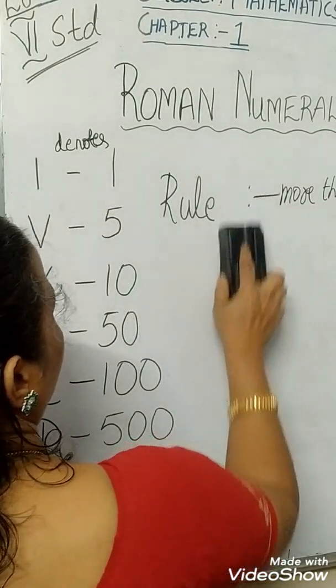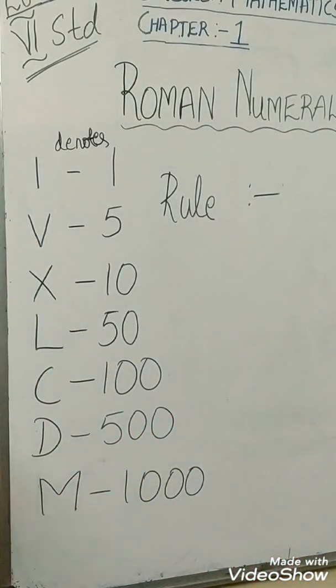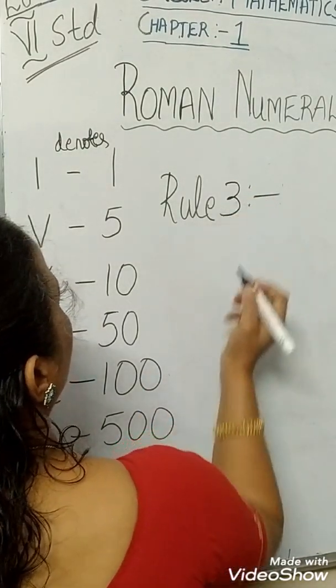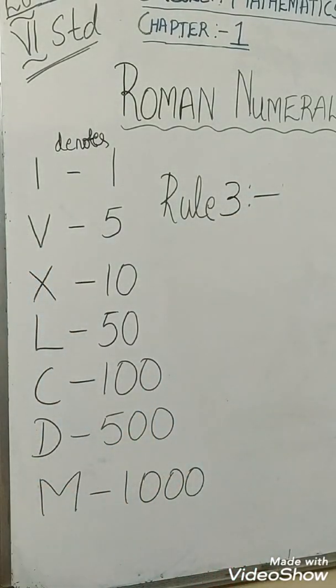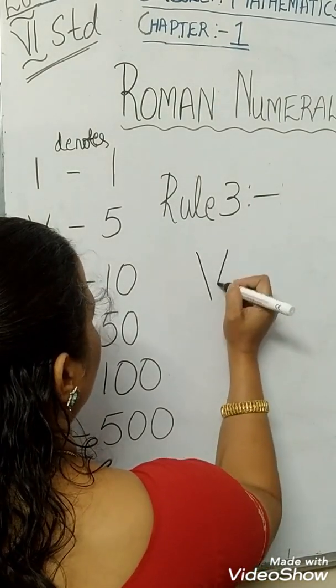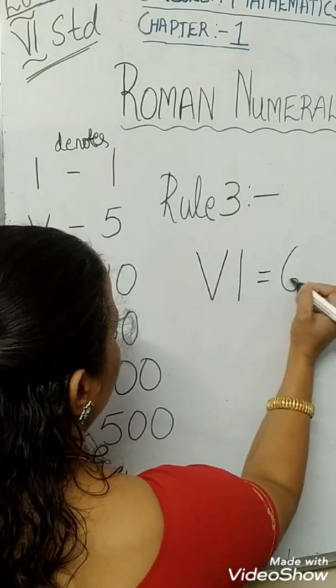Rule number 3 tells that if a symbol of smaller value is written to the right of a symbol of greater value, its value gets added to the value of the greater symbol. For example, look here, V, and if I write I here, it is 6.